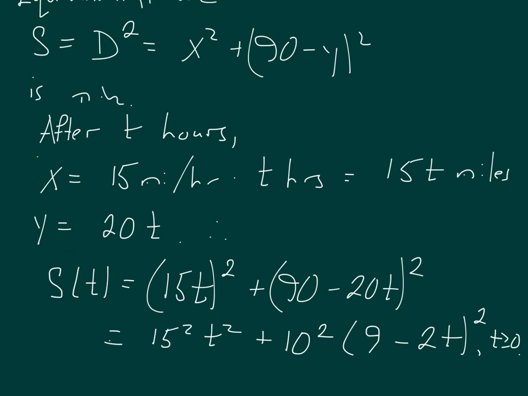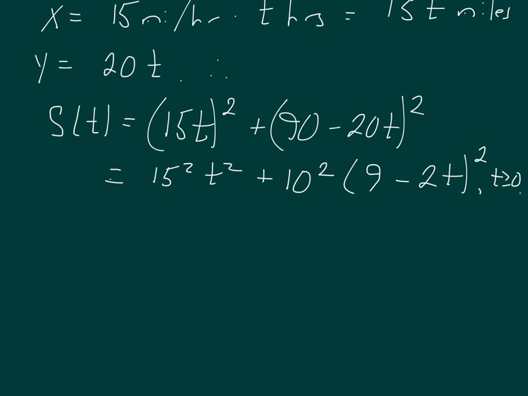All right, so differentiating now, we have S prime of t is equal to 15 squared times the derivative of t squared.